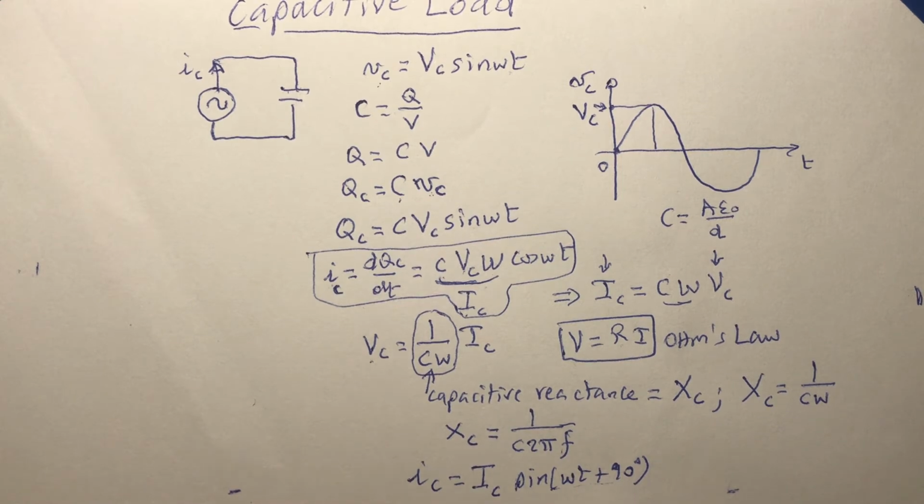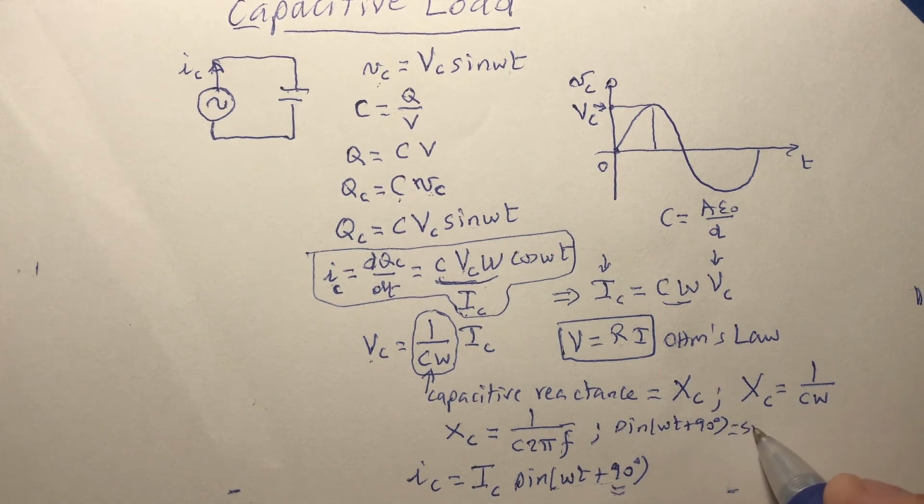Now, what's happening is I have this 90 degrees because I know that sine omega t plus 90 degrees is equal to sine omega t cosine 90 plus sine 90 cosine omega t.